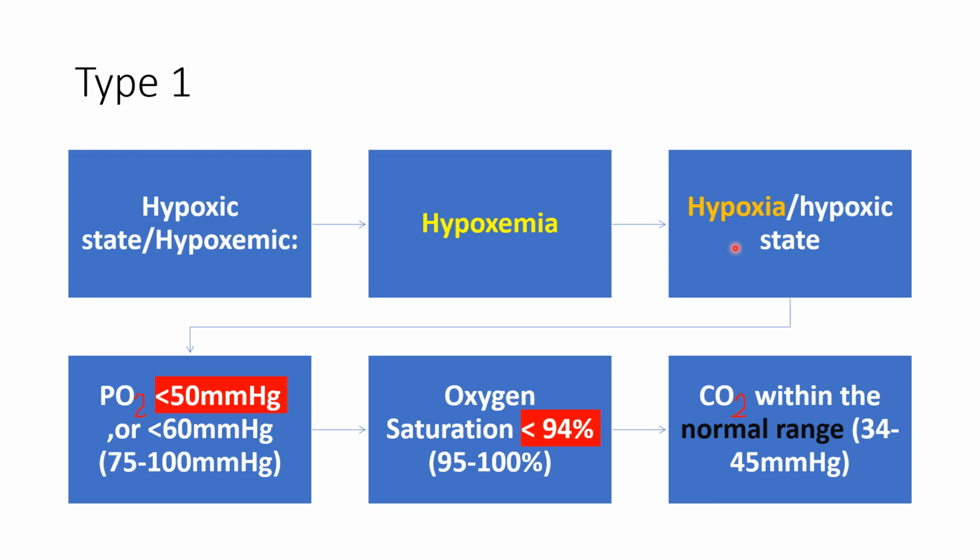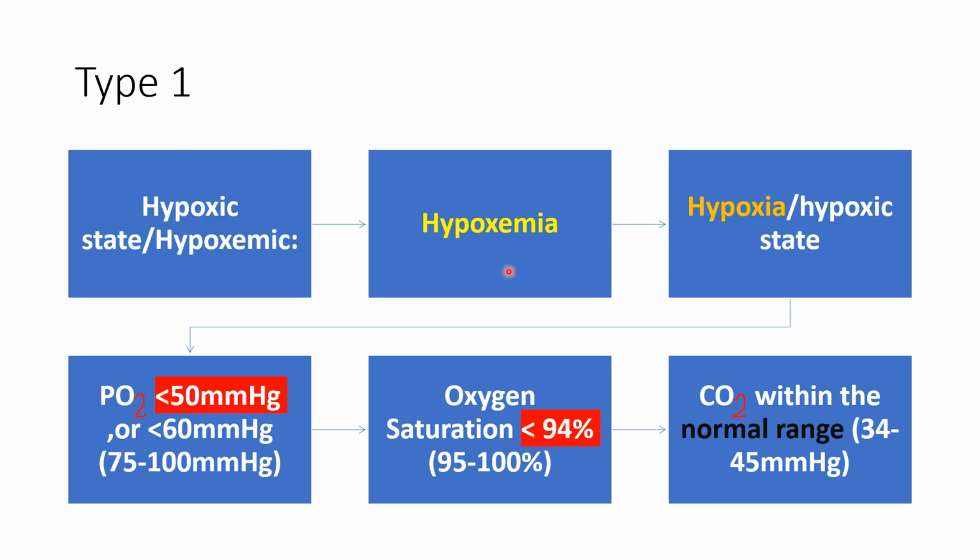However, hypoxia will not occur without hypoxemia. Okay, what is hypoxemia? Hypoxemia means there is a low level of oxygen in the blood. And hypoxia means there is a low level of oxygen supply to the tissues, giving us a hypoxic state.